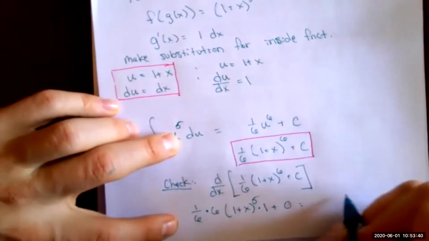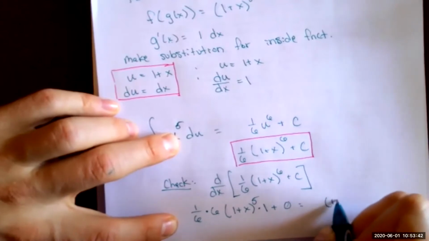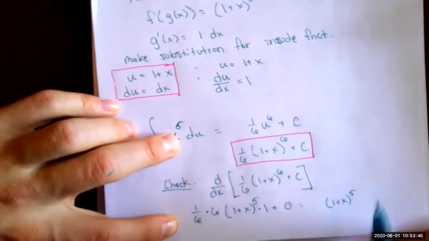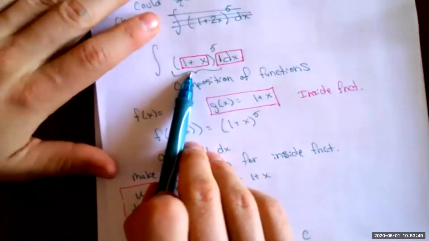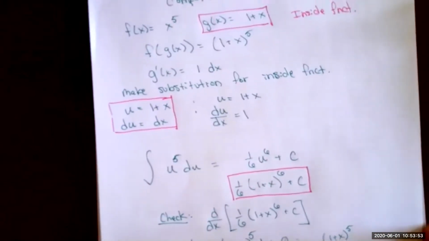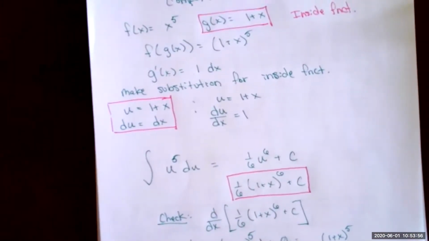And of course, what do we get? We get just back to our 1 plus x to the 5th. So back to the integrand that we were originally trying to work with. Does everyone see that?